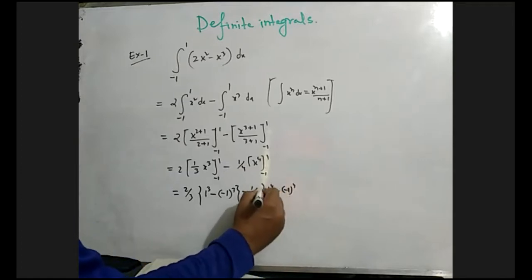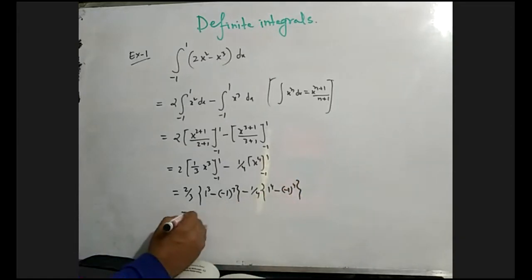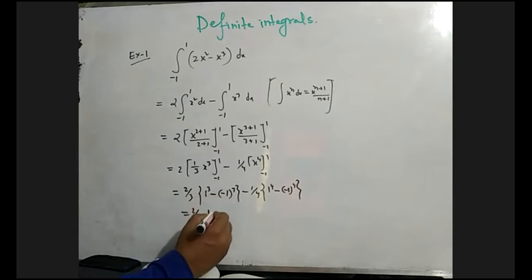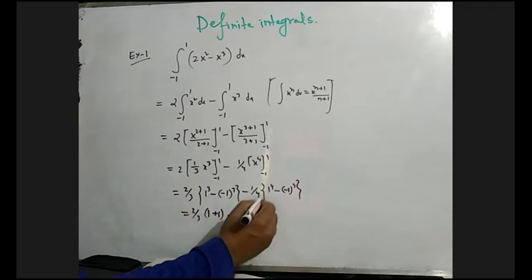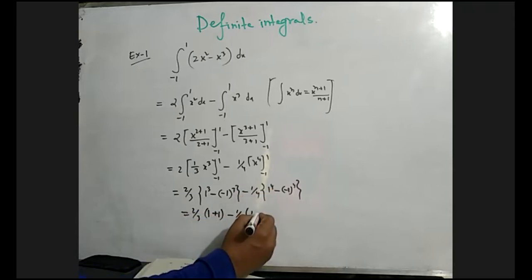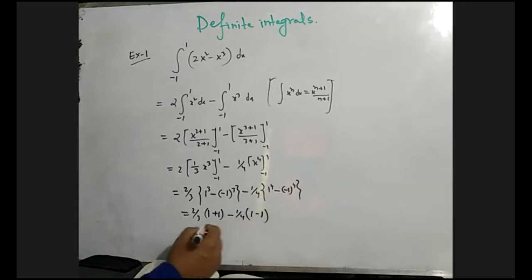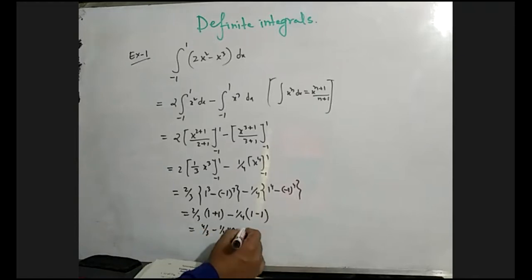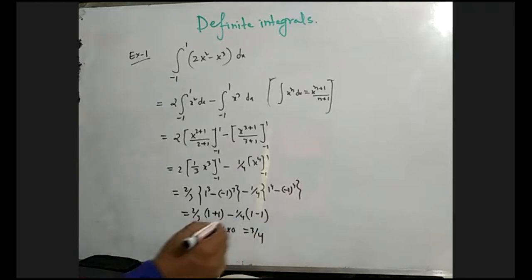For 1 by 3: 1 cubed means 1, minus (-1) cubed means minus minus 1, which is plus 1. 1 to the power 4 means 1, and (-1) to the power 4 means 1. So 2 by 3 times 2, that is 4 by 3, minus 1 by 4 times (1 minus 1), which is 0.